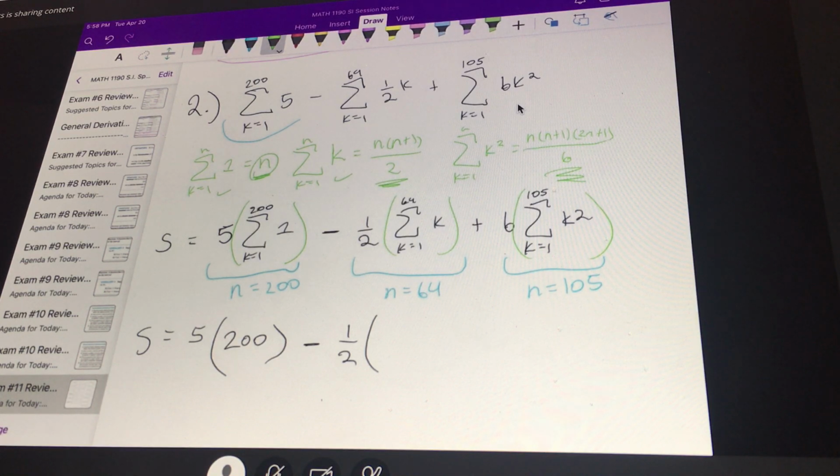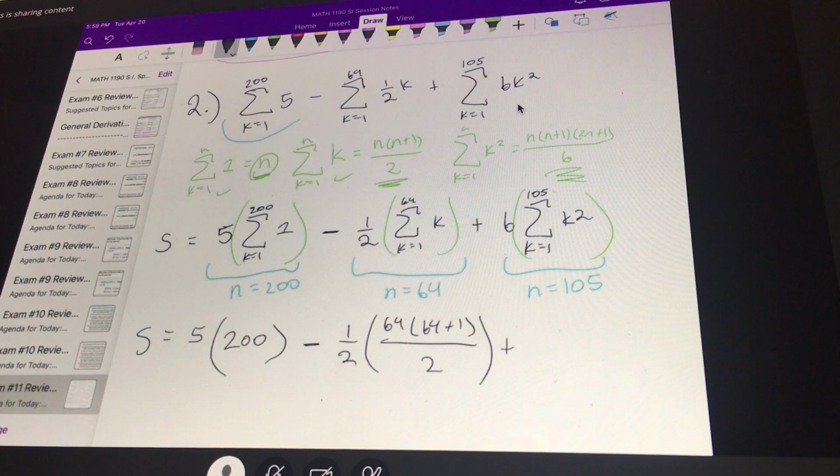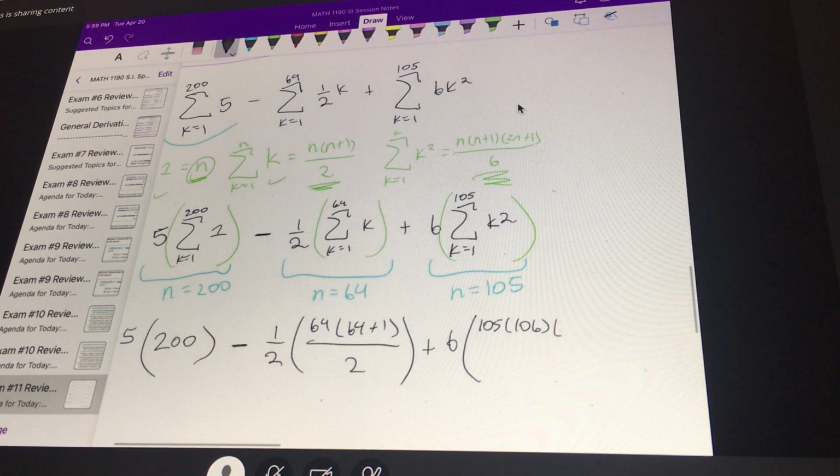So using that formula, we get 64 times 64 plus 1 over 2, plus, and then we have that 6. And then our n is 105. So we have 105 times 106 times, 2 times 105 is 210 plus 1, all over 6.